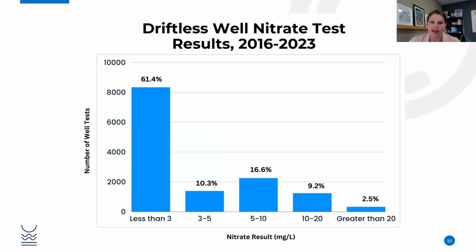Looking at the results from 2016 to 2023, we found that more than 10% of the nitrate well tests were above that 10 milligram per liter nitrate drinking water standard. And almost 40% of them tested at a level that indicated human sources of nitrogen.